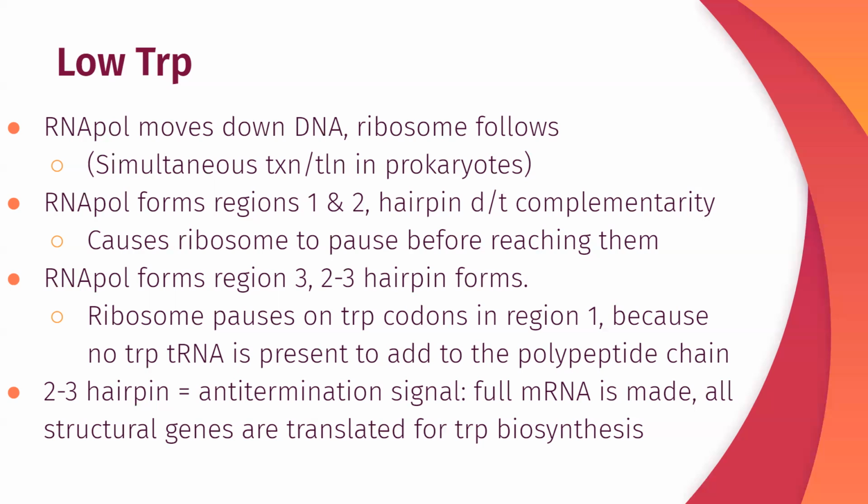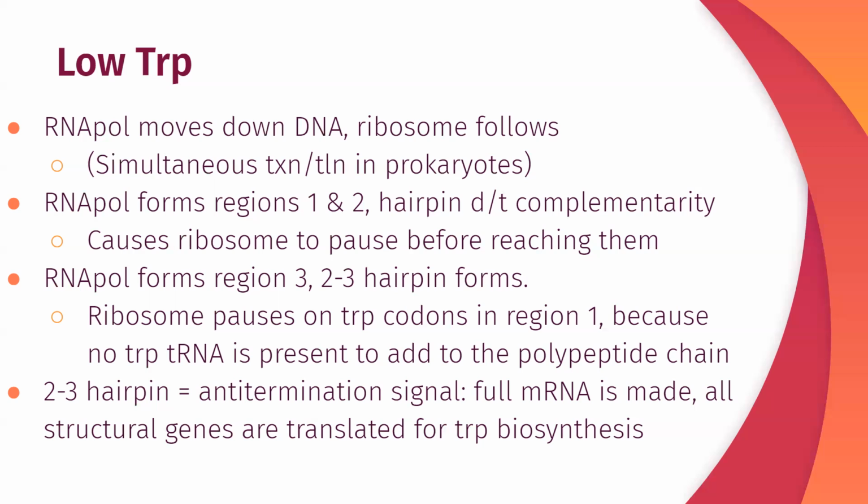As the ribosome is translating this protein, it needs our trp tRNA to give it tryptophan. But if we have low levels, there won't be trp tRNA right away available to give that to the ribosome. So we'll pause at this codon while the RNA polymerase keeps moving.